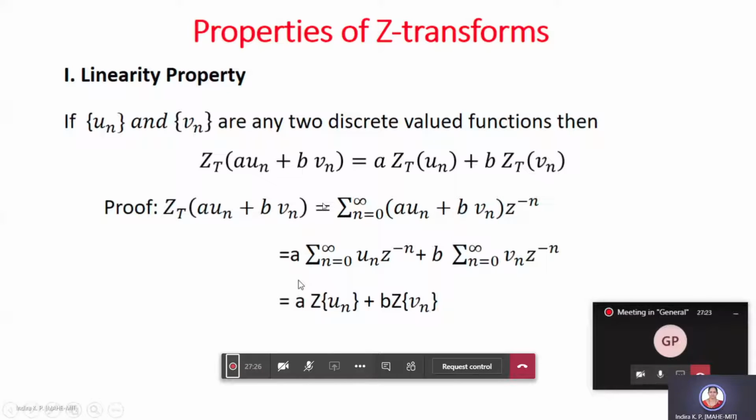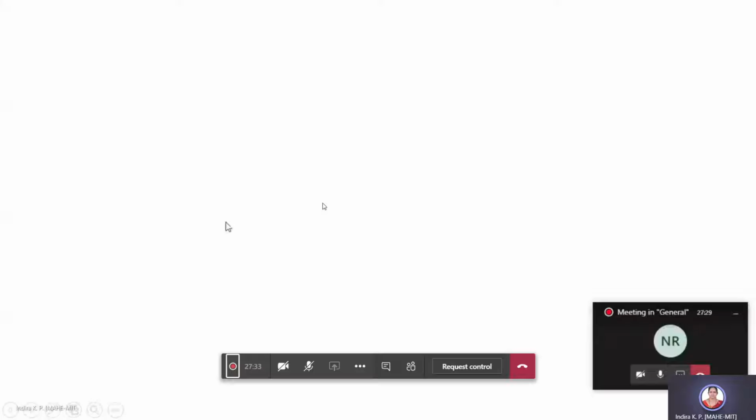Okay. Another important property of z transforms is the damping property, or the change of scale. This is a similar property you have learned in Laplace transforms as well as Fourier transforms. What does this property say?